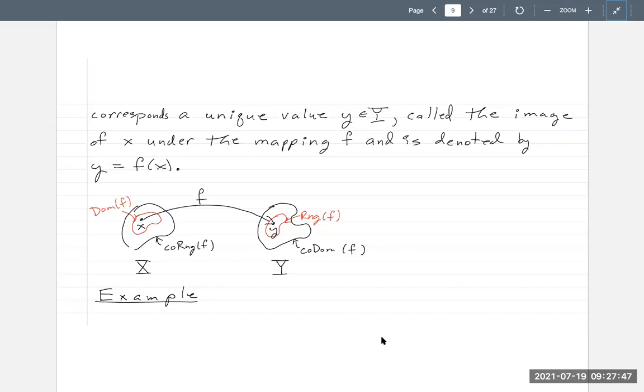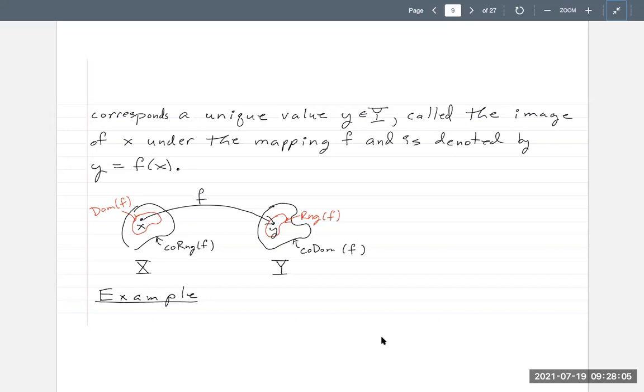So some instructors, some books don't consider that to be a function until you specify exactly what the domain is and write the function from your domain to your range.